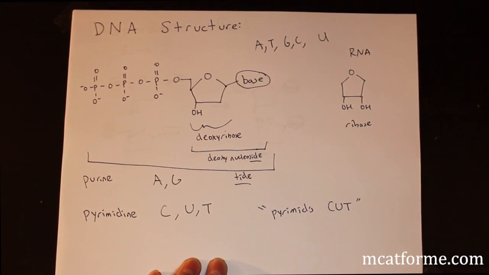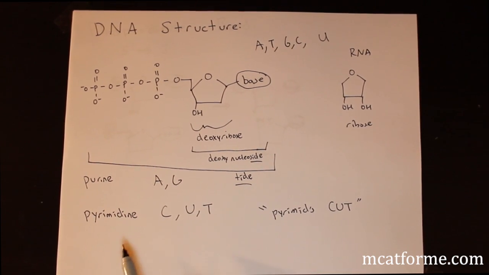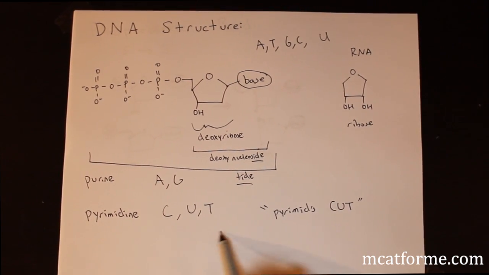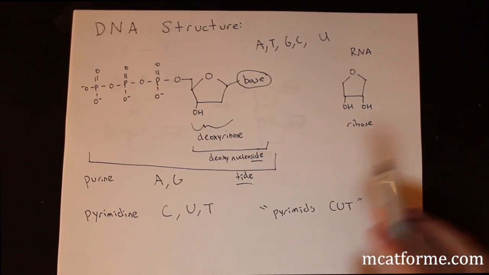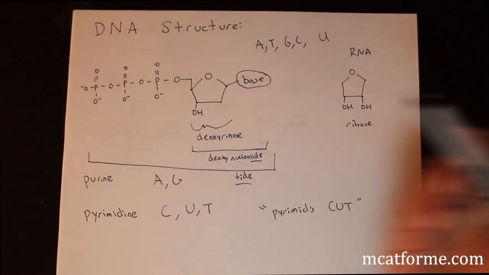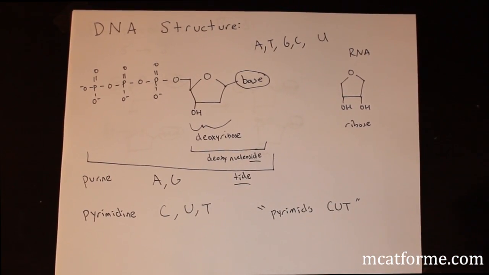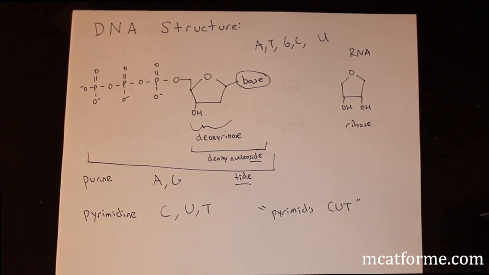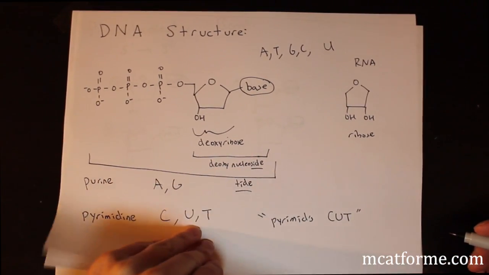It sounds kind of corny, but pyrimidines, CUT, you'll memorize it for sure. You'll have no problem because everything else is just A and G, and you know those have to be purines if they're not pyrimidines.